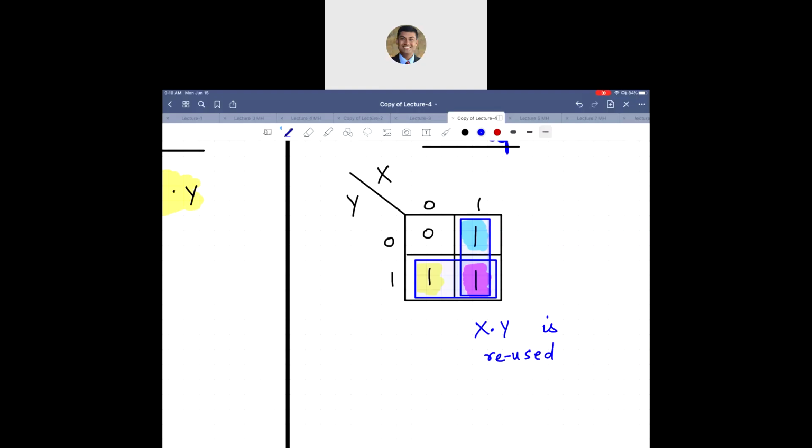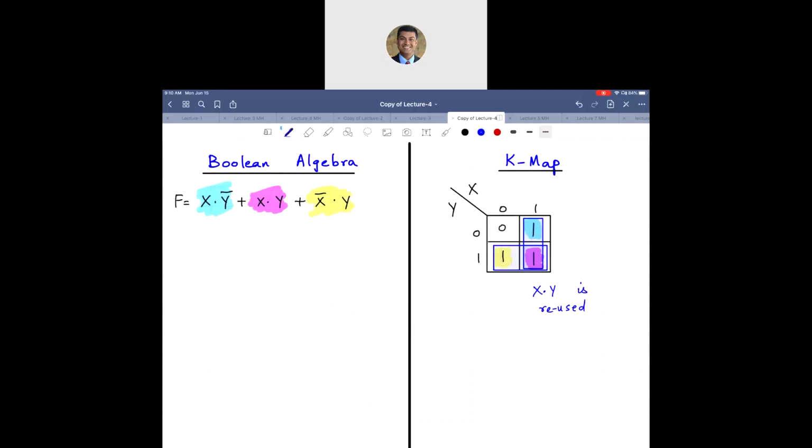How does that transition into Boolean algebra? That transitions as, take this term x and y and duplicate it. Because you don't know which term to duplicate so that you can combine more. We learned that some of the techniques in Boolean algebra involved forcing the missing literal, duplicating terms in order to combine more.